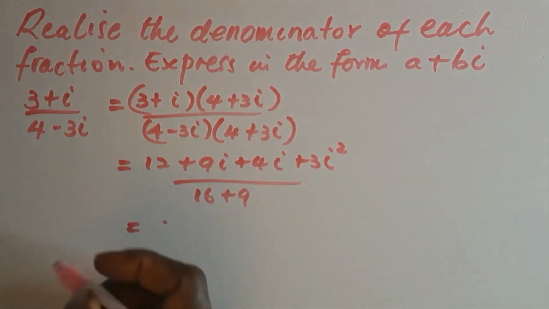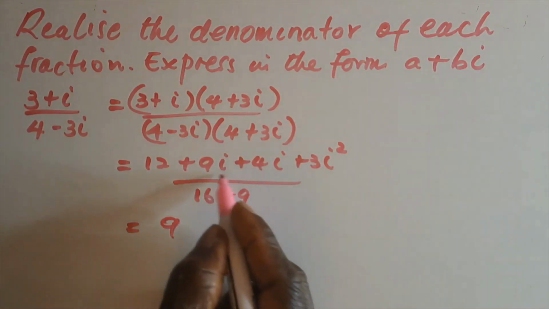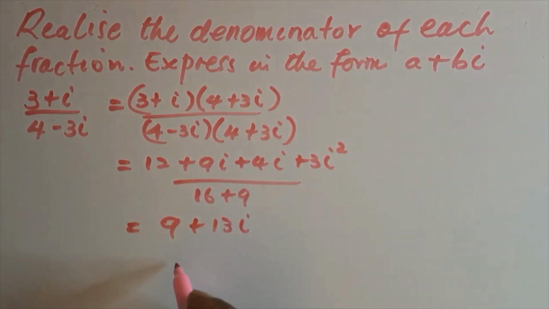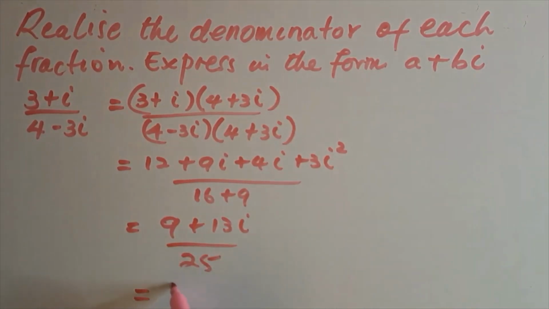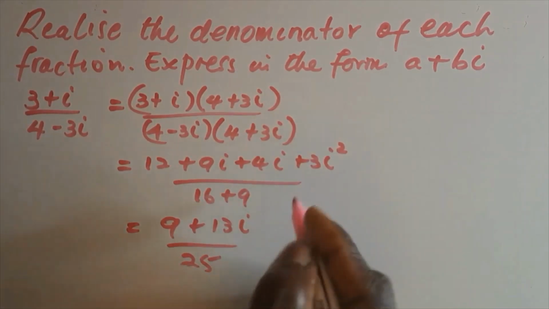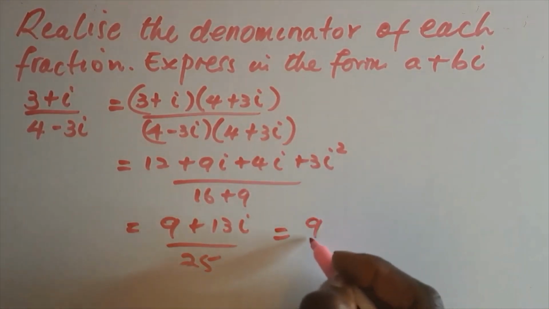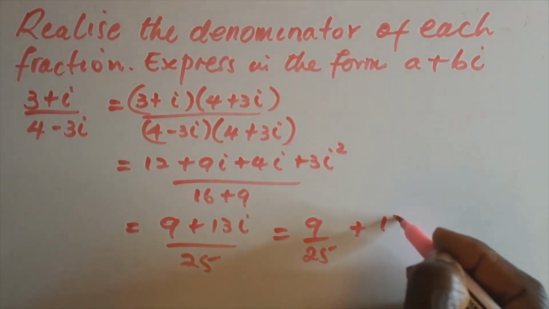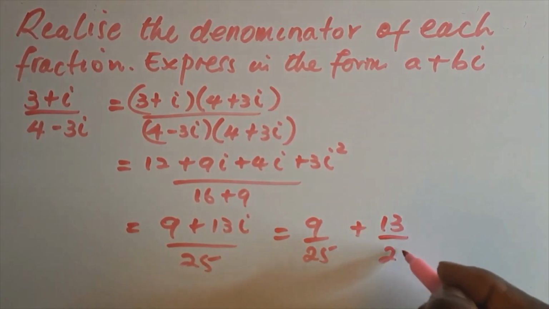Add that to 12 to give us 9, and we have 13i here, and this is over 25, which we write as 9 over 25, the real part, and the imaginary part is 13 over 25.